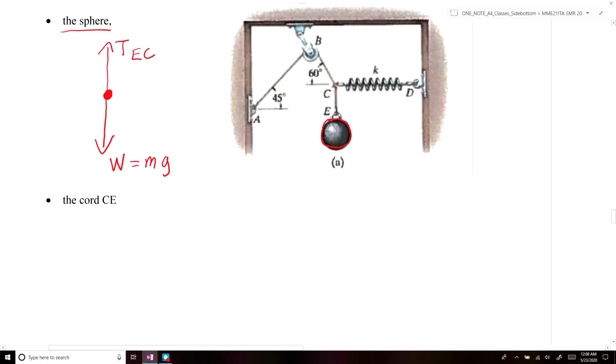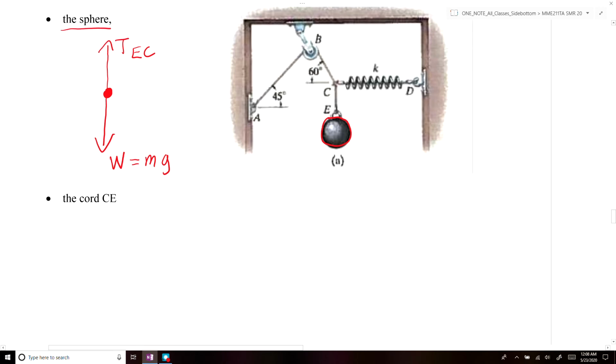So the second free body diagram we're going to look at here is for the cord CE. If we think about the cord CE, we know that at the bottom of the cord, it's going to have to deal with the weight of the sphere again.